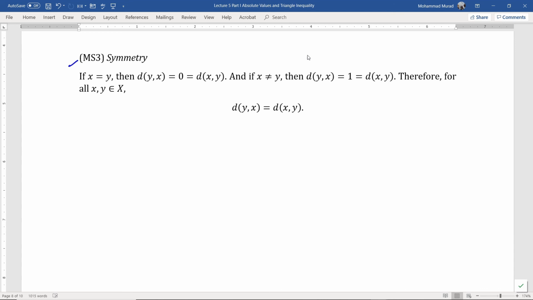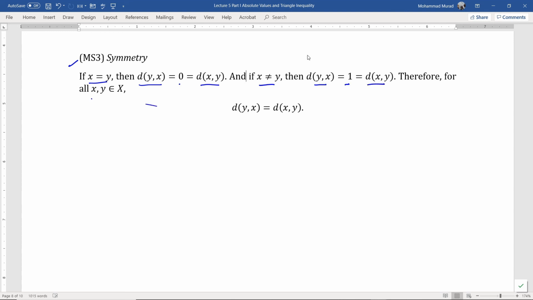Property 3. If x equals y, then D of y comma x equals 0, which is equal to D of x comma y. And if x is not equal to y, then D of y comma x equals 1, which is also equal to D of x comma y.